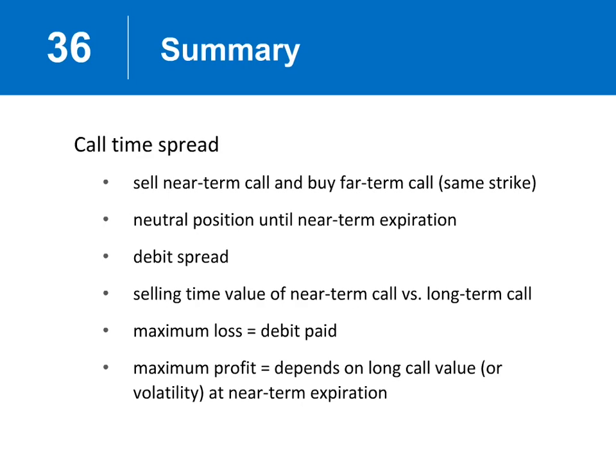The maximum loss in these things is always the debit paid, and the maximum profit is going to depend on the value of the long call and the volatility levels at expiration when that front month expires. And I would just add, we talked about a couple different roll potentials.